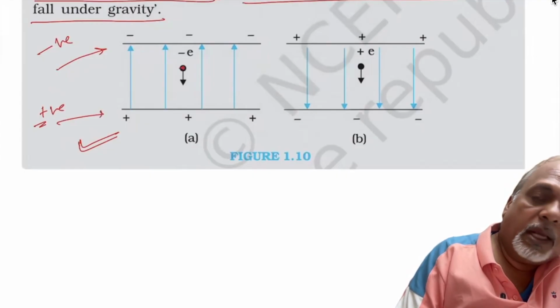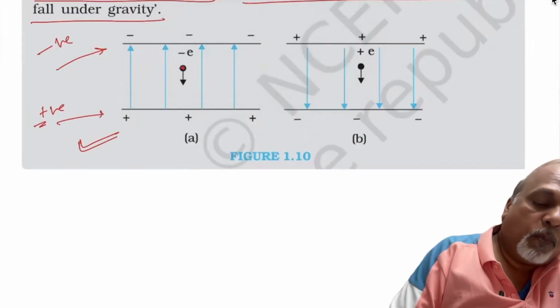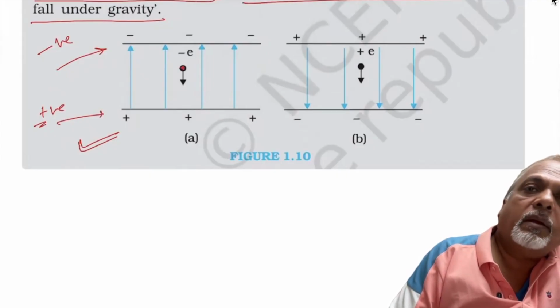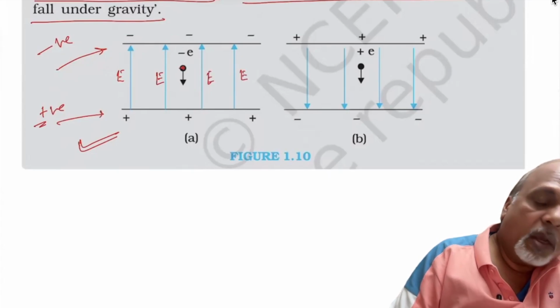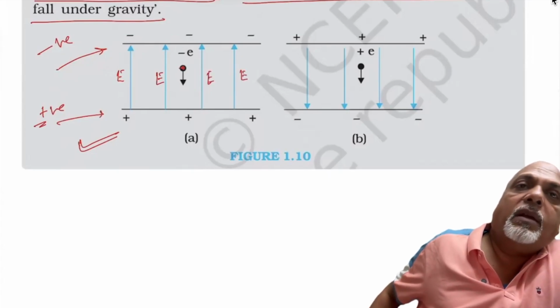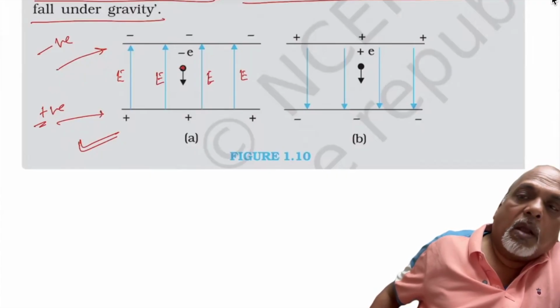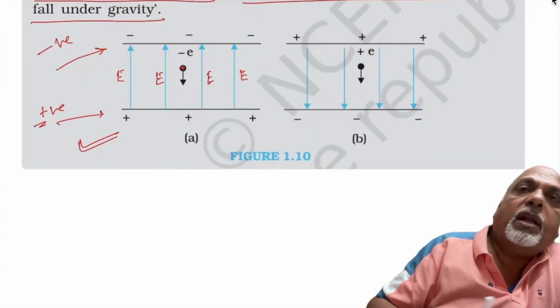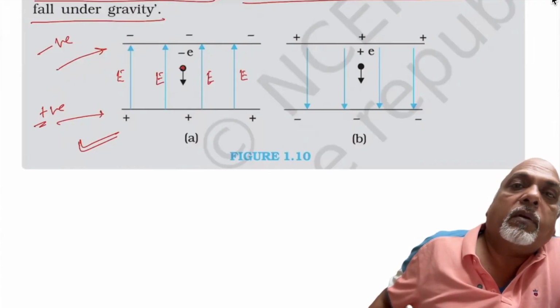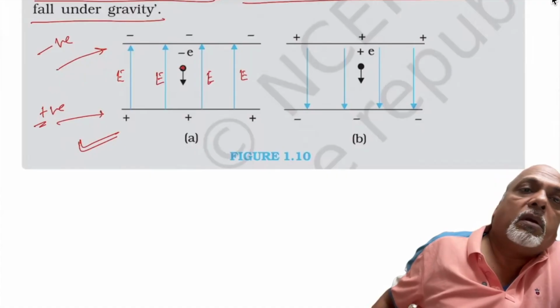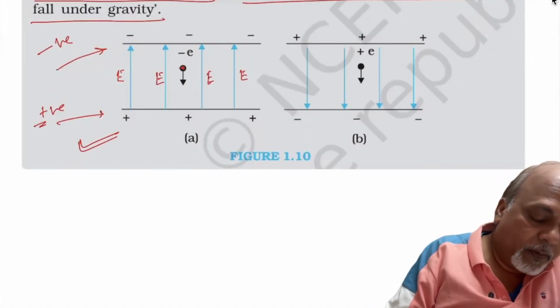So it will be repelled by the negative plate and it will be attracted by the positive plate. Correct? Here this is the field direction from positive to negative, but electrons being negative, it will be moving opposite to the electric field direction because it will be attracted to the positive. Yes.